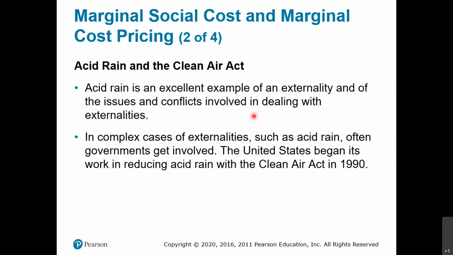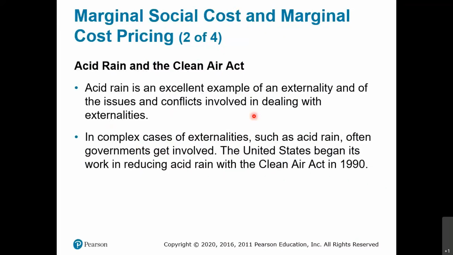Let me give you some examples. Acid rain, Clean Air Act. That's a classic example of a negative externality. So let's say we were out in extreme eastern Oregon, right up against the Idaho border. And let's say we had a factory, and our factory put a bunch of stuff up in the air, and whatever we put up in the air generated acid rain.